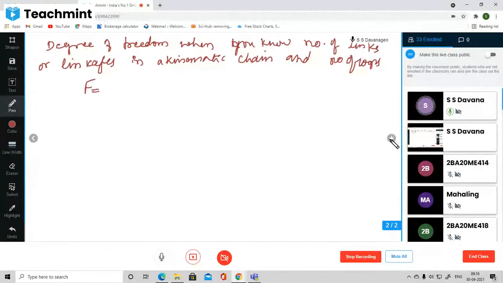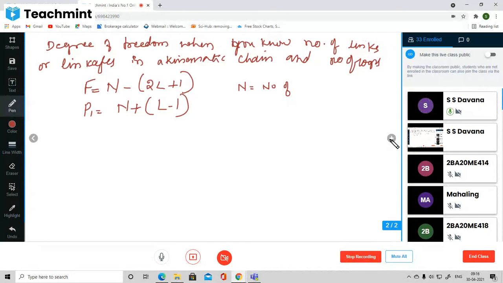Okay. So now degrees of freedom can be calculated based on the number of loops and number of links by using this relation. Okay. And the number of pairs can also be calculated by using this relation. Right. So now where n stands for number of links or linkages.